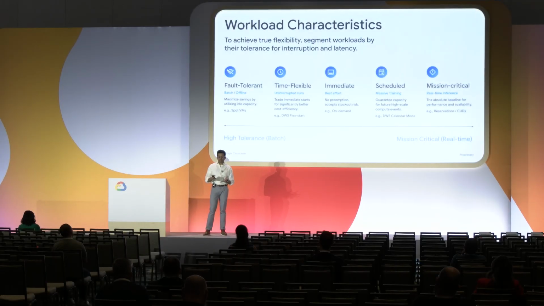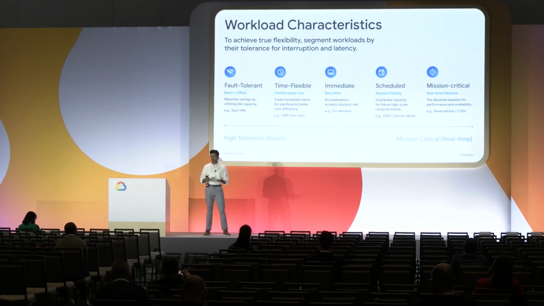You have to segment your workloads by your tolerance for wait, your tolerance for interruption. And if it's mission critical, you have to secure your baseline. If it's scheduled, you can use calendar mode. If it's time flexible, use FlexStart. If it's fault tolerant, use Spot. Defining this segmentation strategy is the first step towards building flexibility.